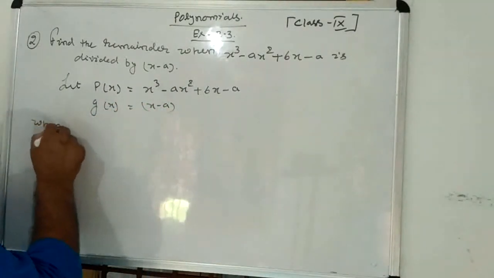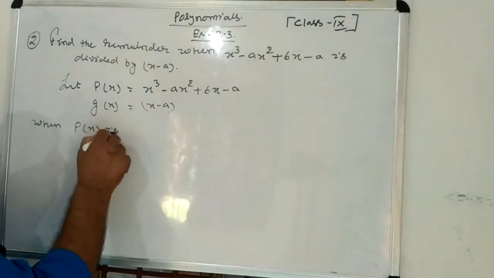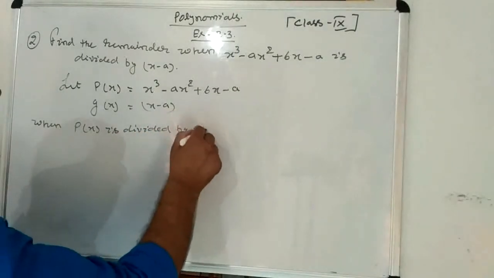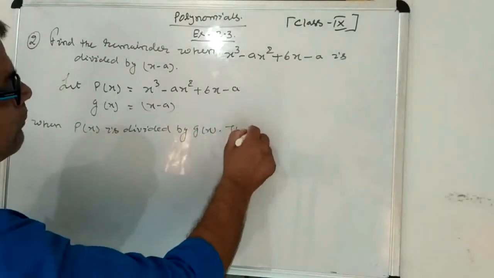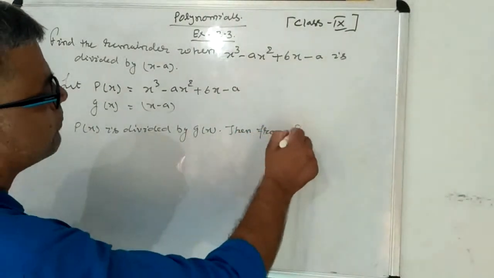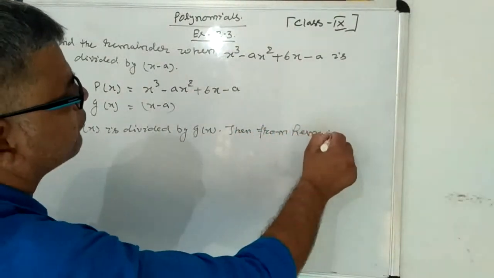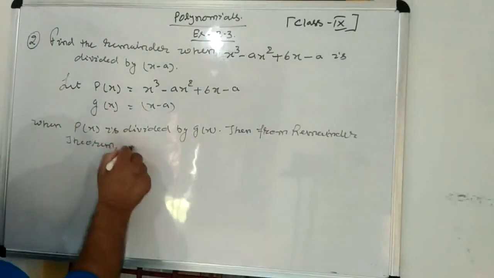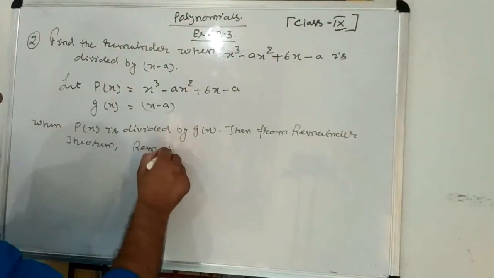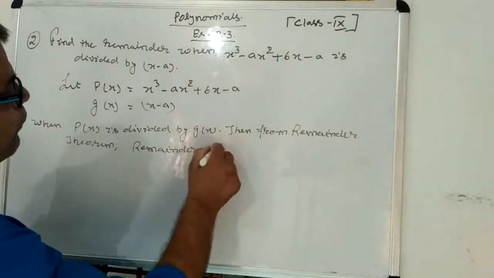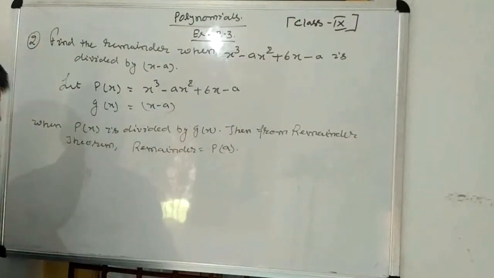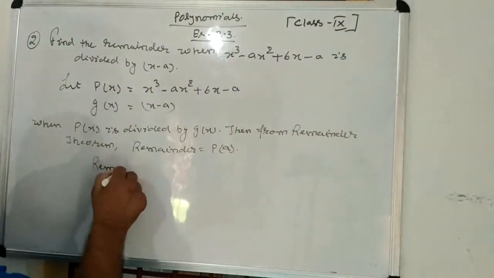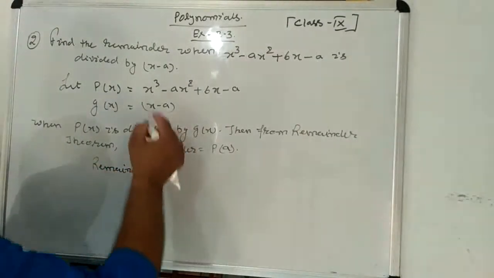When p(x) is divided by g(x), then from the remainder theorem, remainder equals p(a). Okay, so your remainder will be p(a).